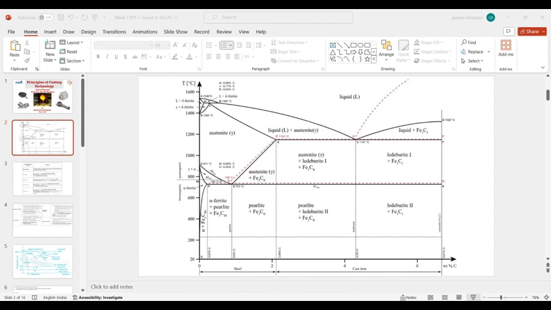So what was our critical temperature? For 0.8% carbon, it is 723 degrees Celsius. So lower than the critical temperature, we can go with the heat treatment at around 650 or 600 degrees Celsius.